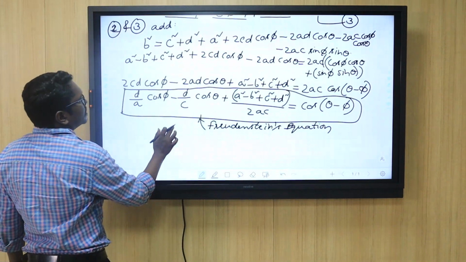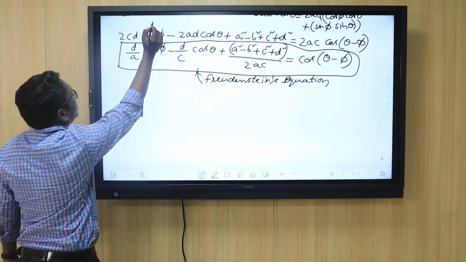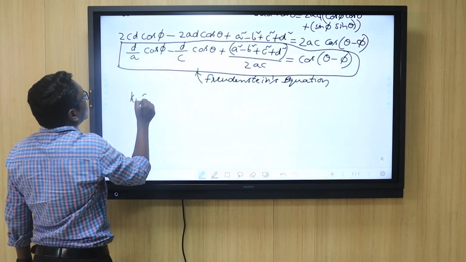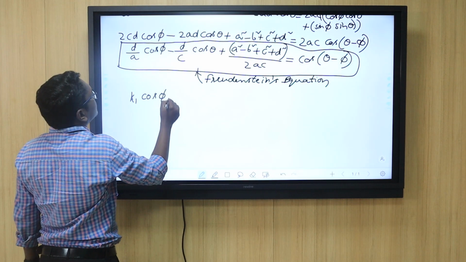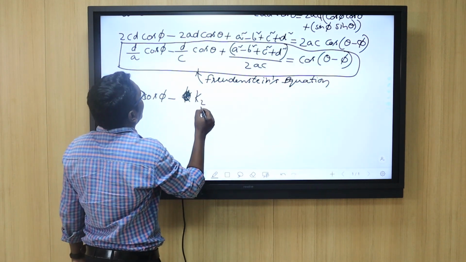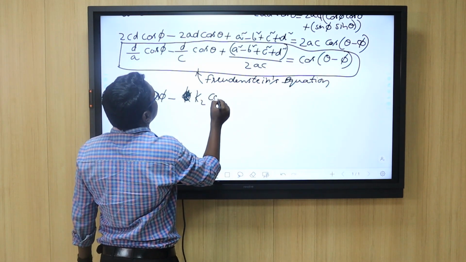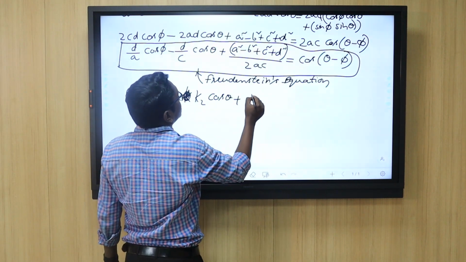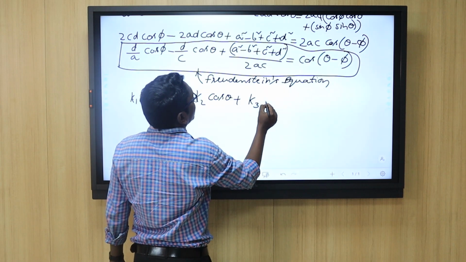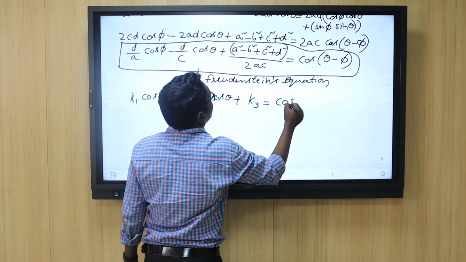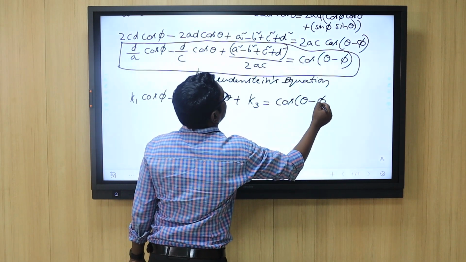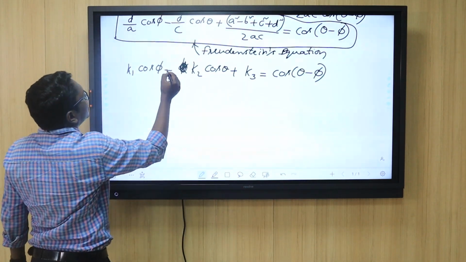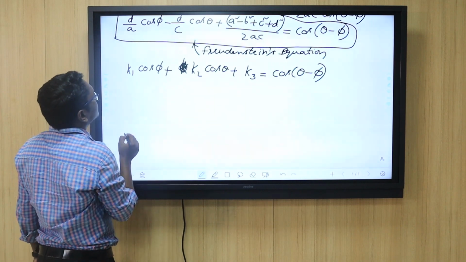So now let us write this equation as k1 cos phi minus k2 cos theta plus another constant k3 is equal to cos of theta minus phi. You can use the plus sign also.